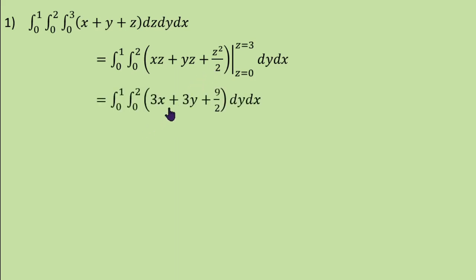Therefore, 3x plus 3y plus 9 by 2 is integrated with respect to y, and y varies from 0 to 2. With respect to y, 3x is constant, therefore its integral is 3xy, and integral of y is y square by 2, so 3y square by 2 plus 9 by 2 into y, because integral of 1 is y.